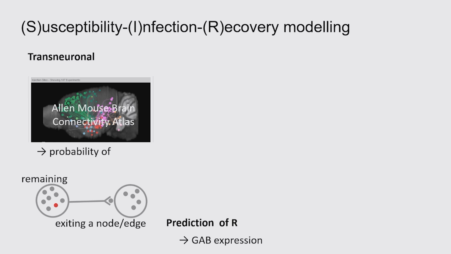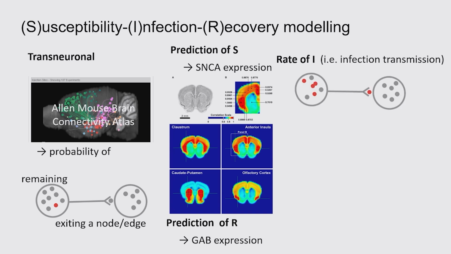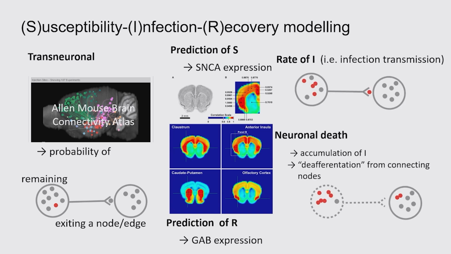And in the mouse, this is somewhat possible as well, using transneuronal connectivity from the structural connectivity atlas, and the gene expression data that exists in the Allen Brain Atlas as well. And we can model the rates of infection and neural death using similar machinery created by Alain and Bratislav.